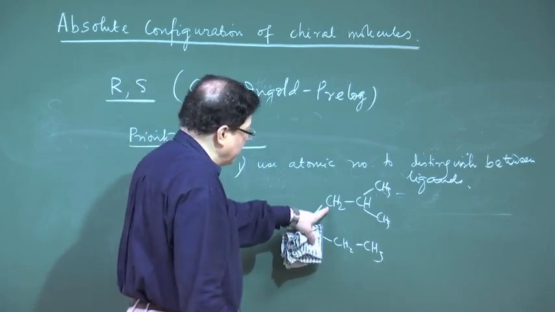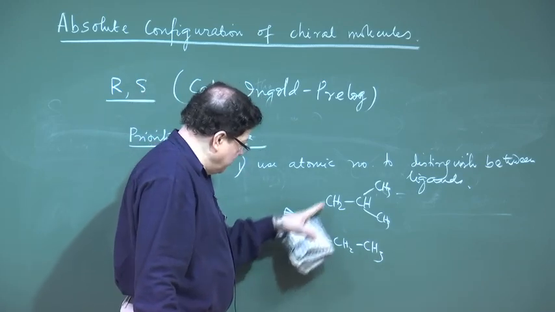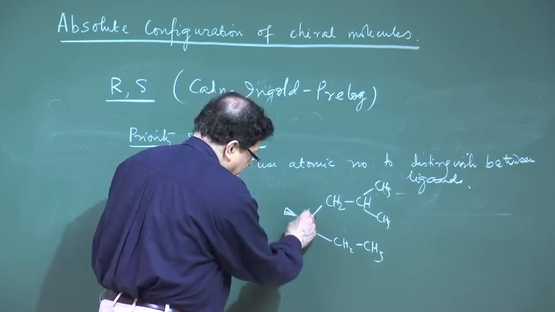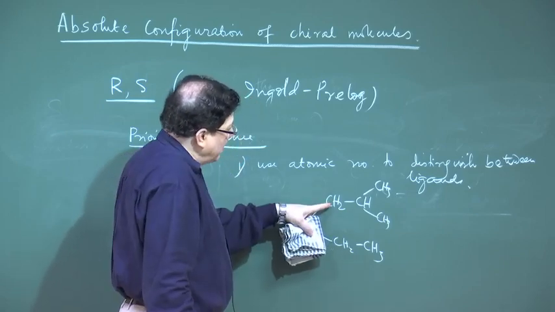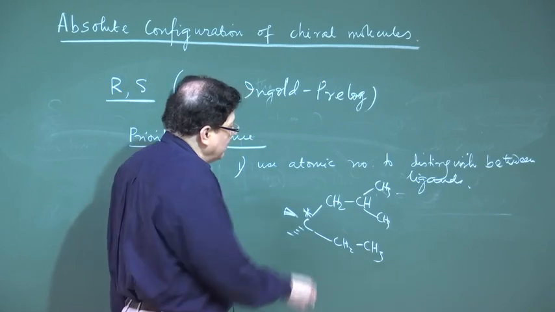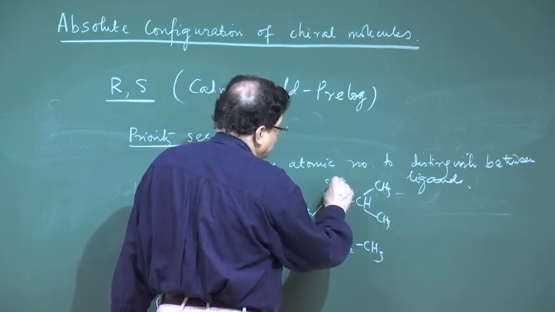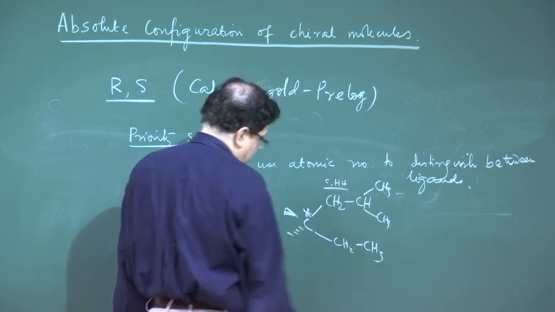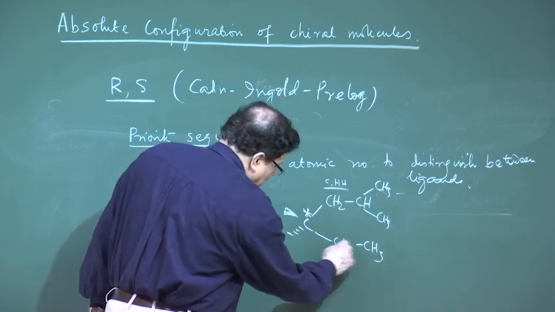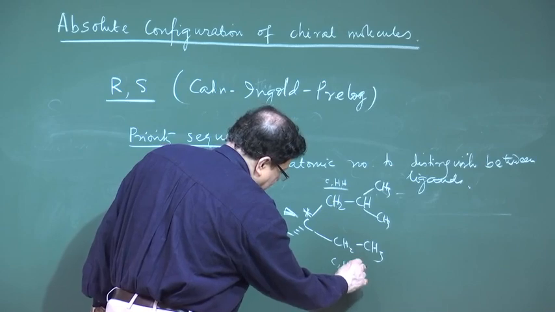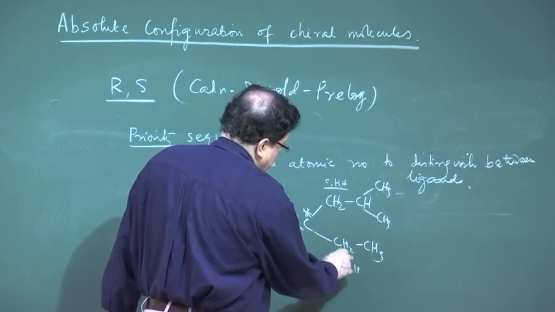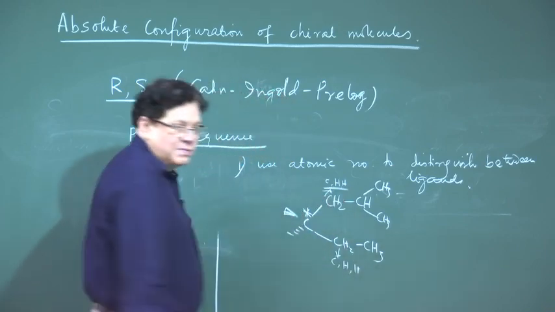You check the first ligand attached to this stereogenic center, and you see what the other ligands attached are. One is carbon, another are 2 hydrogens. So, this is the scenario of this carbon. Here also one carbon is attached, hydrogen attached, another hydrogen attached. So, there is no difference.